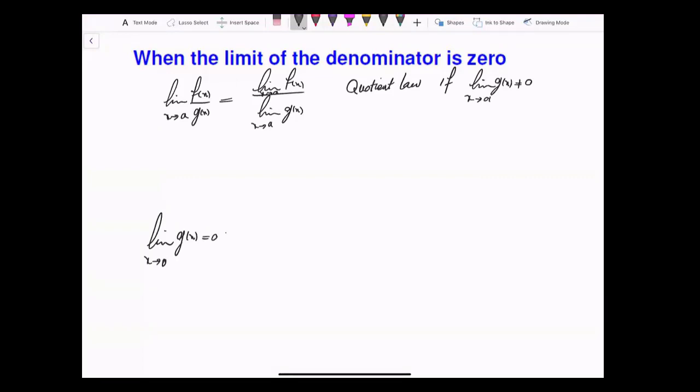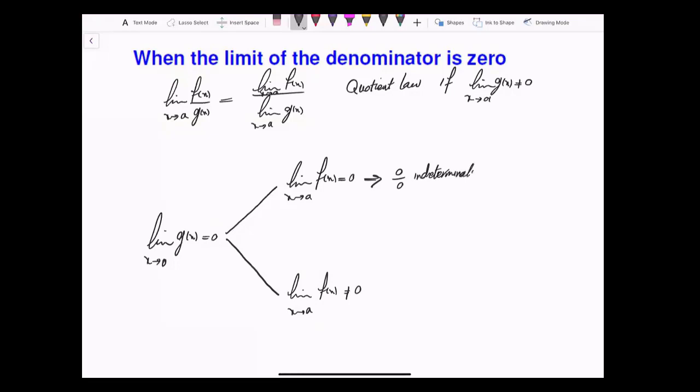And then there will be two different possibilities. We try to find the limit of the numerator. The limit of the numerator is either zero or a number which is not zero. So these two different cases can happen. The limit of the denominator was zero. Now, if the limit of the numerator is zero as well, then we say we have 0 over 0 indeterminate form.